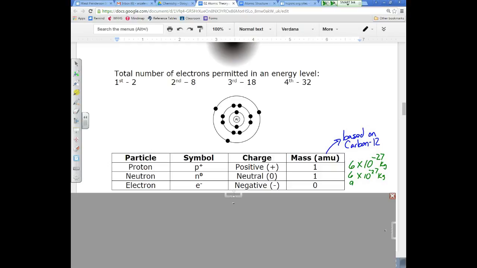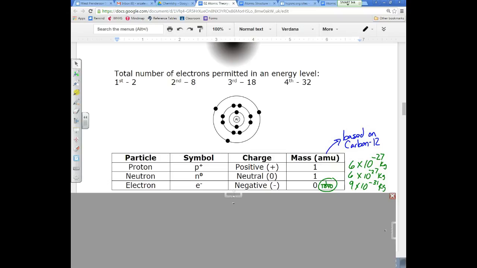Electron has a mass of like 9 times 10 to the negative 31. So when we go to AMU, this is like 1 over 1840 AMU. And you actually do need to know this one, but in general, we do consider it to not have that much mass. It's just not significant enough for us to calculate when we talk about an entire atom because it pales in comparison to the mass of a proton and a neutron.